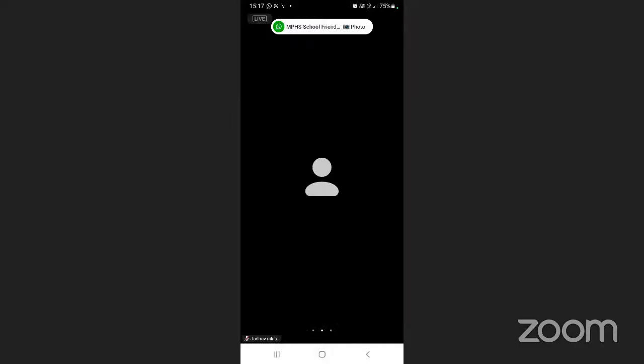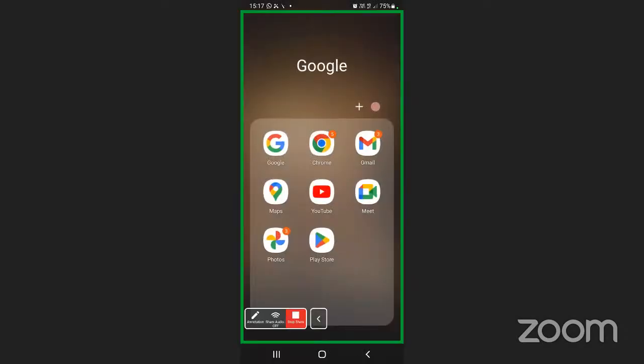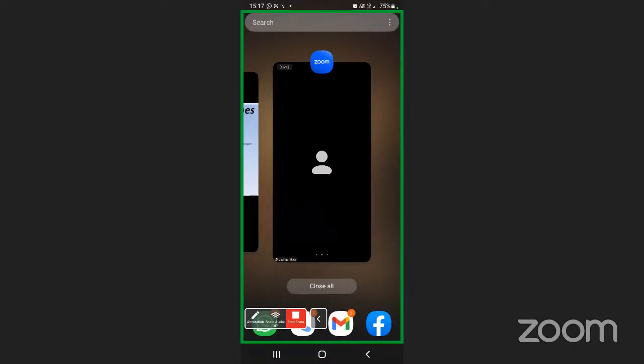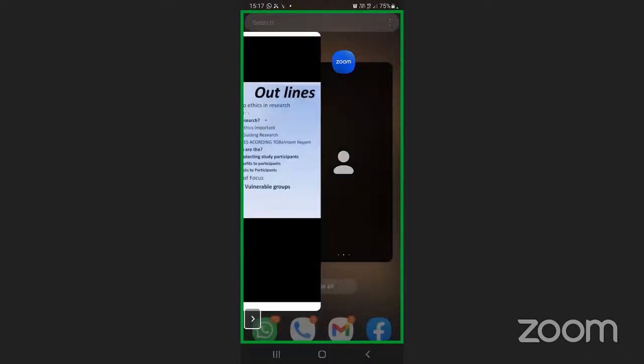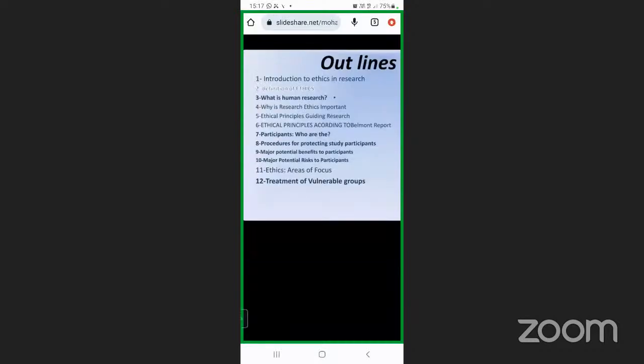So in that social scenario, we must consider the audience or the beneficiaries. Then next, that is major potential risk to the participants.